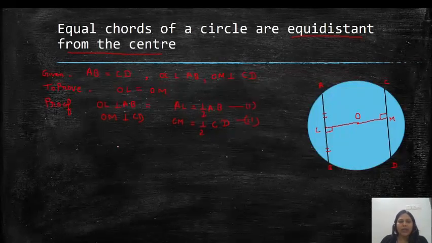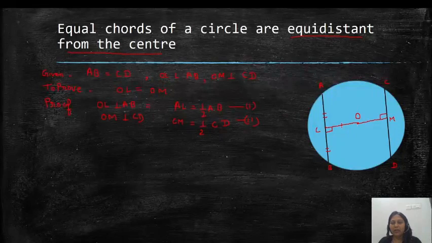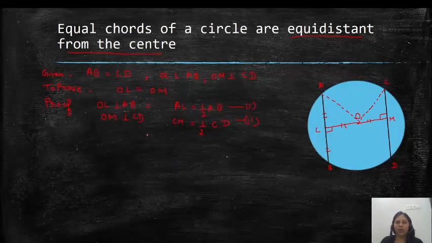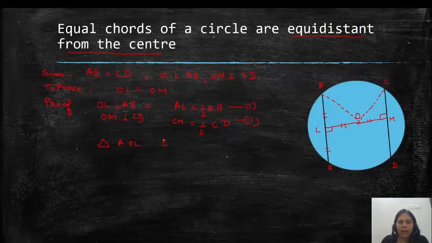Now we have to prove that OL is equal to OM. For that we have to do one thing: a construction. We are connecting A to O and C to O. Now let us take triangle AOL and triangle COM.